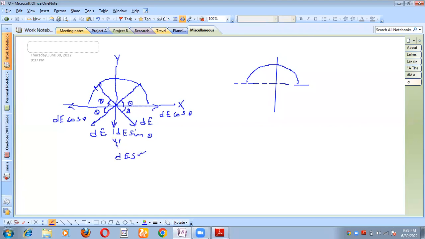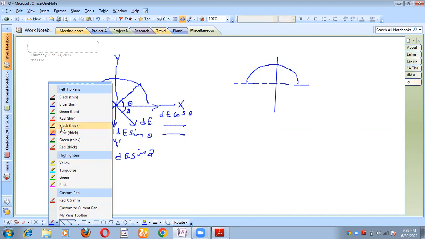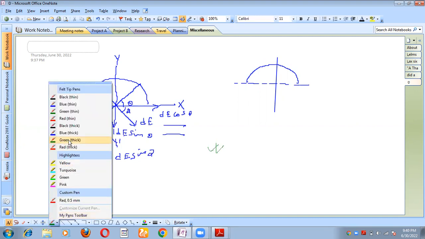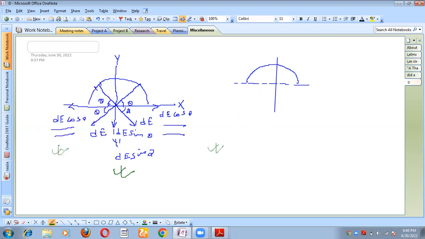So the dE cos theta components are opposite for the two elements. That's why, while considering the net electric field, we have to consider only the dE sin theta component. The dE cos theta component will be cancelled out.